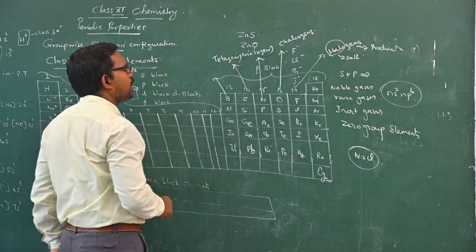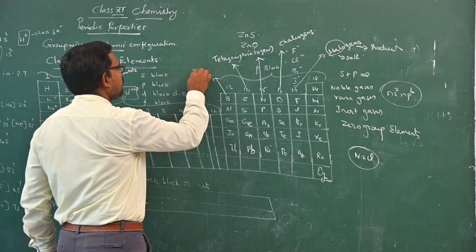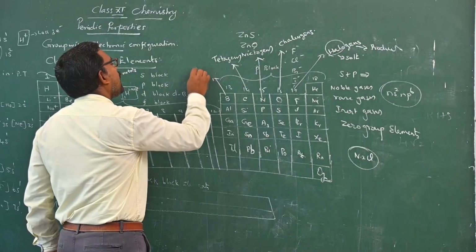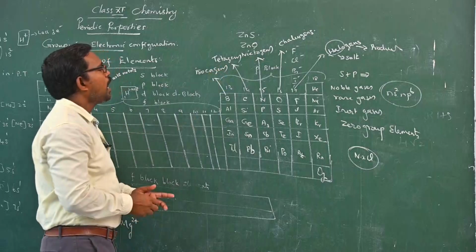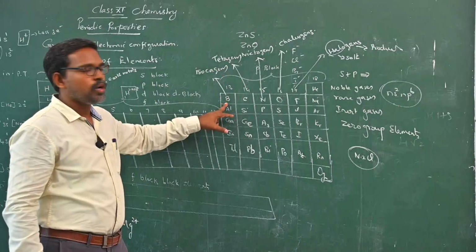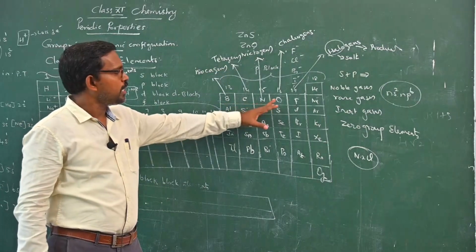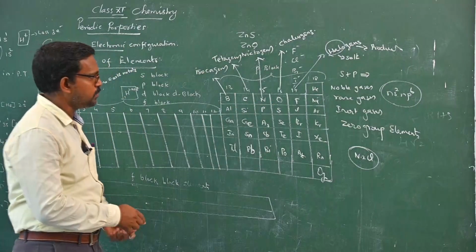This boron family is called isohagens. Boron family, carbon family, nitrogen family and oxygen family.